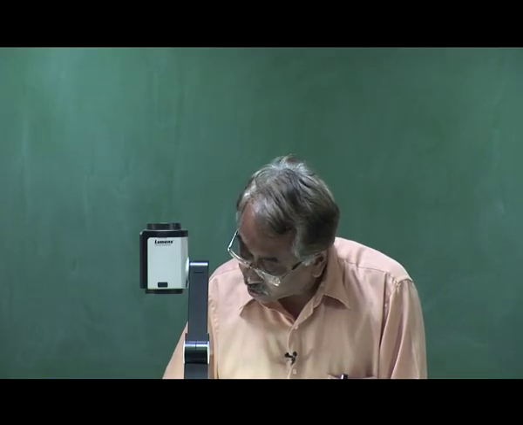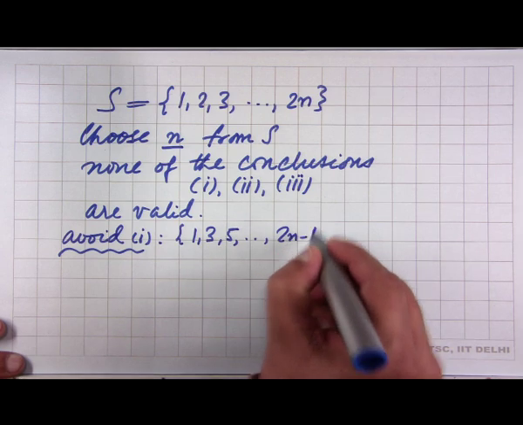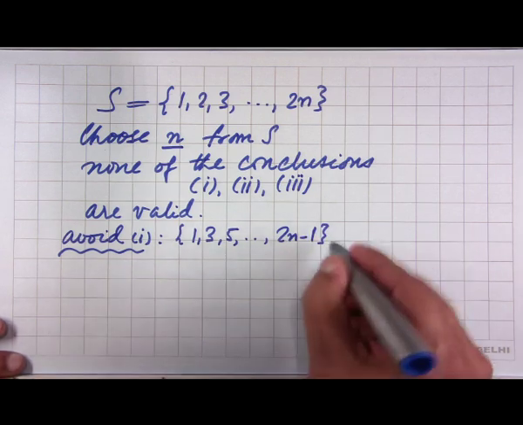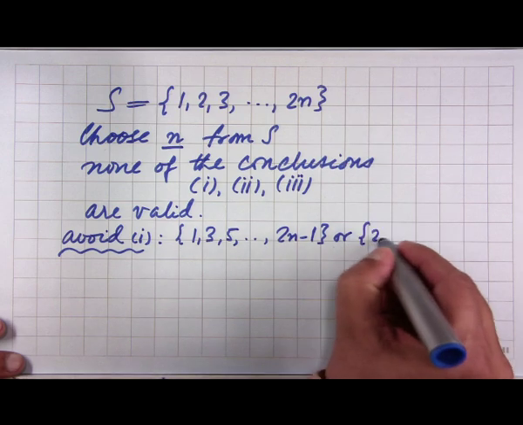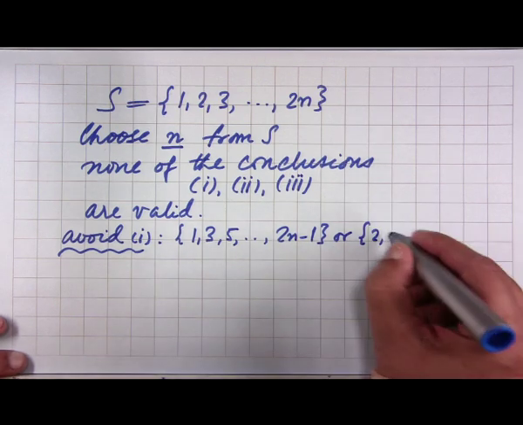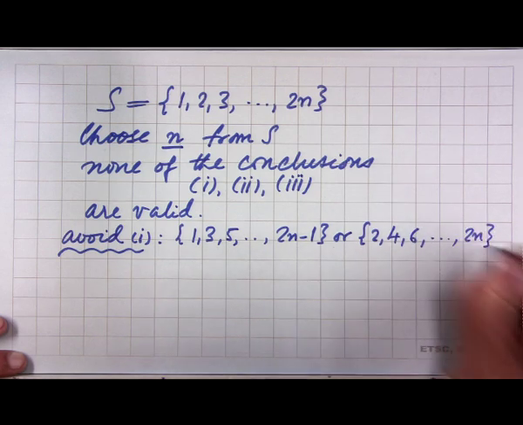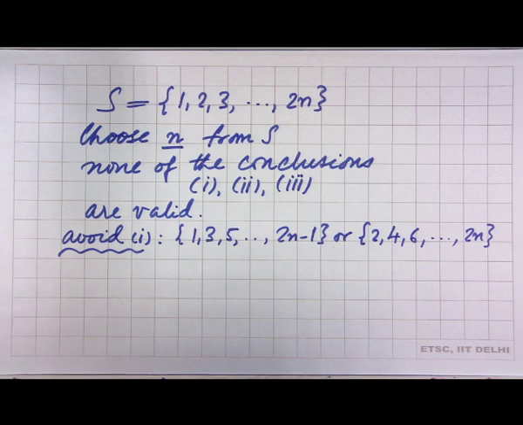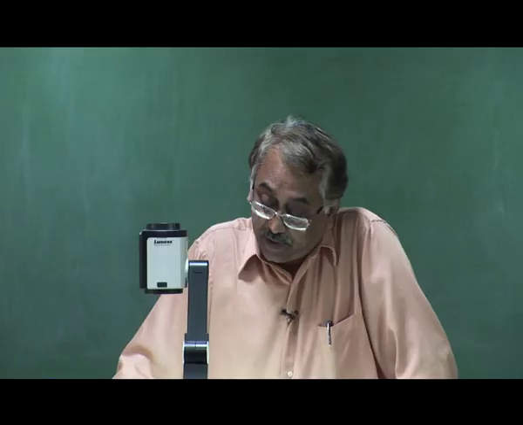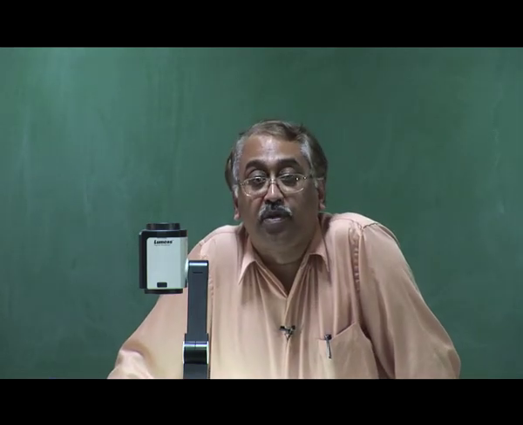You're kind of taking the set of all odd integers. In fact, you could even have begun with 2, and you still had margin for it, taking all the even integers. In each case, there would be n integers picked, and no 2 of them are consecutive.